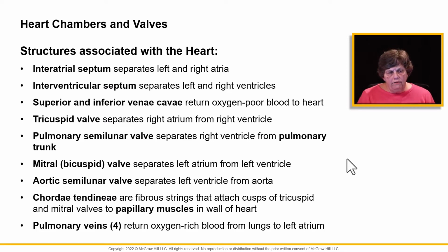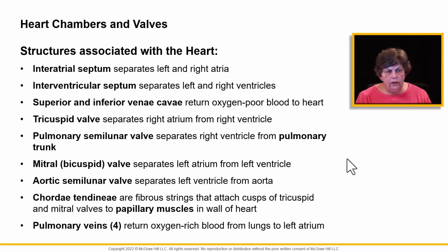Then you have semilunar valves at the exits of the heart, where you're exiting out of the heart going somewhere. These are semilunar valves. They are half moons, if you will, in shape. And you have two exits out of the heart. You have one going to the lungs and one going to the aorta.